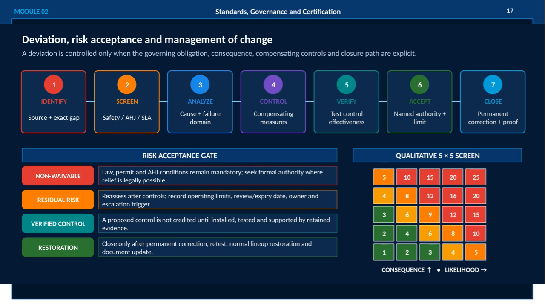Restoration means closing the deviation only after all corrections and retesting are complete and normal system operation is restored. Lastly, we use a qualitative 5x5 risk screening matrix to assess consequences against likelihood, helping prioritize risks in this structured manner. This holistic approach ensures safety and compliance throughout the management of deviations.